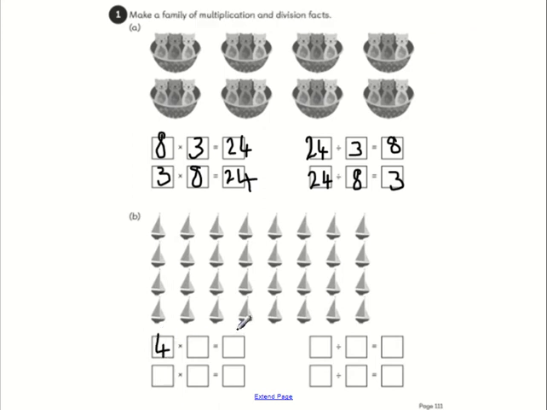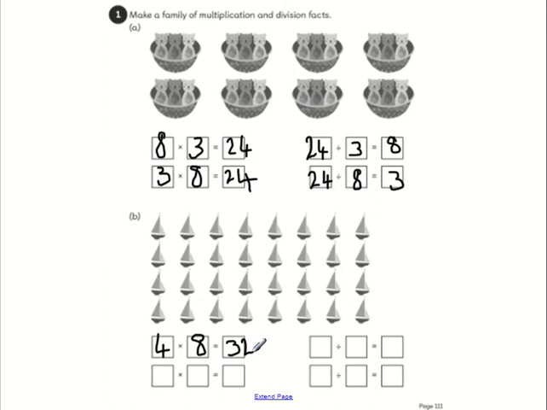How many have I got on each row? 1, 2, 3, 4, 5, 6, 7, 8. I've got 8 on each row. 4 times 8. Now I could count all these, or I could use my 8 times table to help me. So I've got 8, 16, 24, 32.